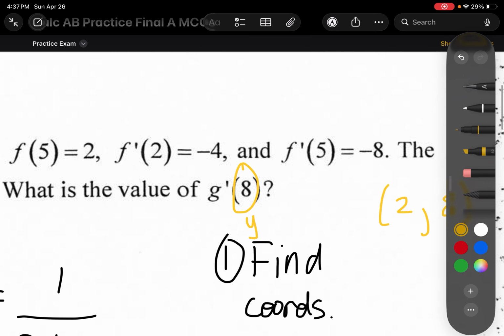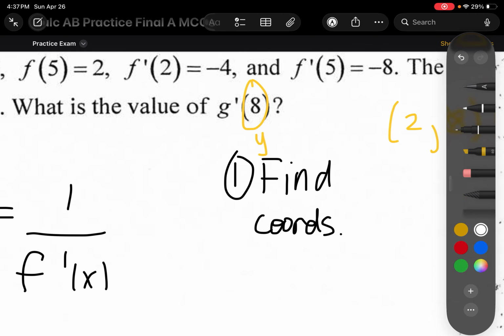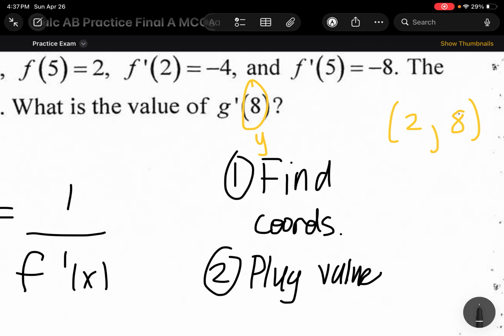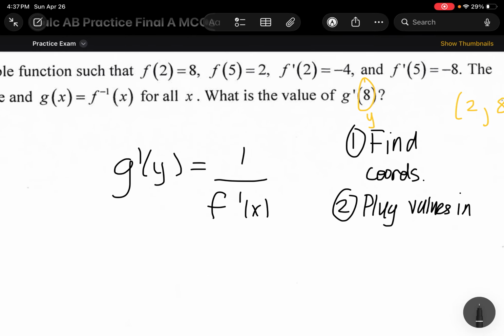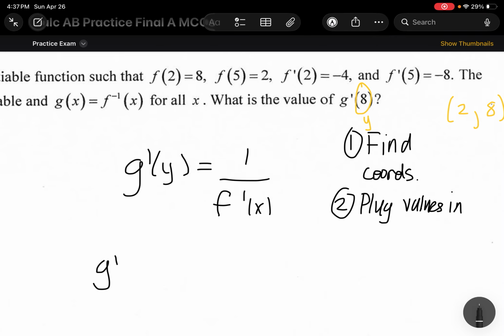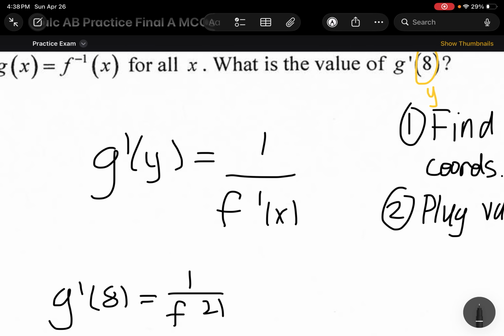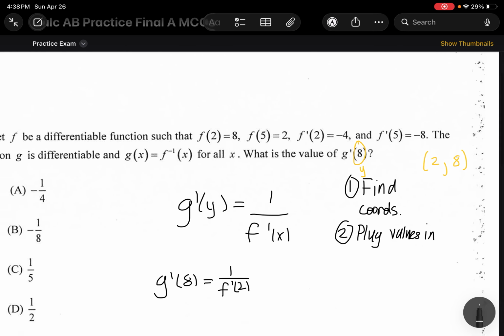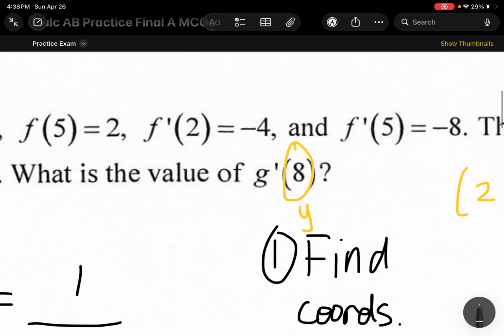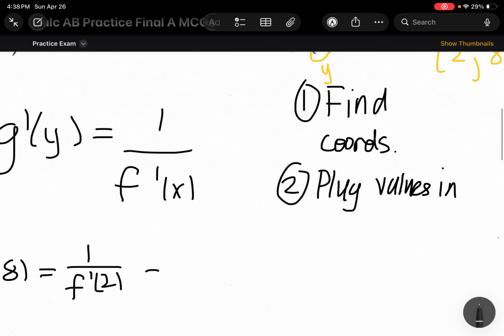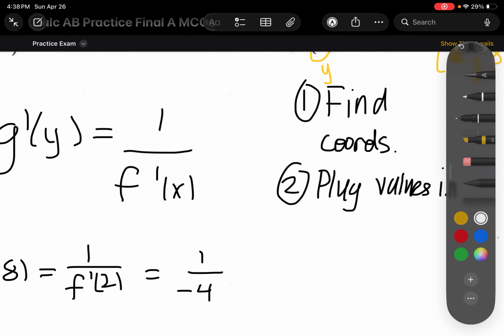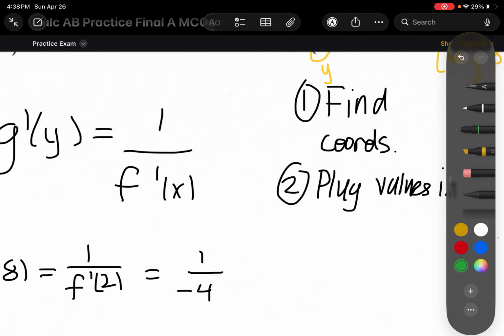Now we're going to plug everything in. g prime of 8 is equal to 1 over f prime of 2. And f prime of 2 above is negative 4. So it's going to be 1 over negative 4, which is just negative 1/4. So our answer is going to be A.